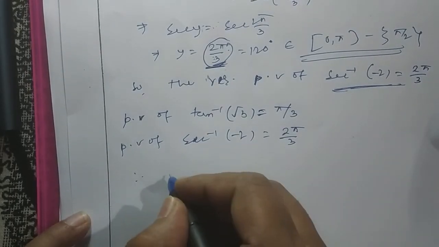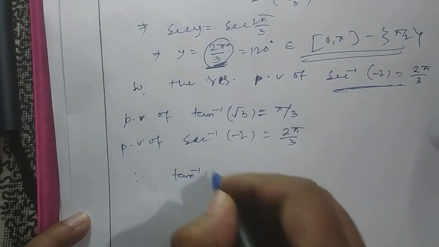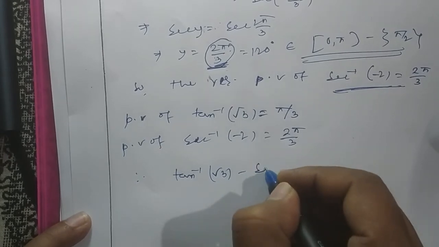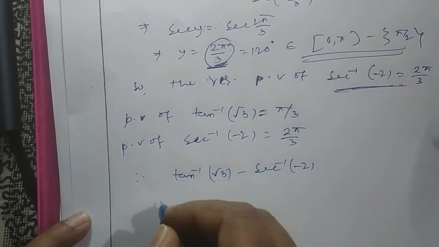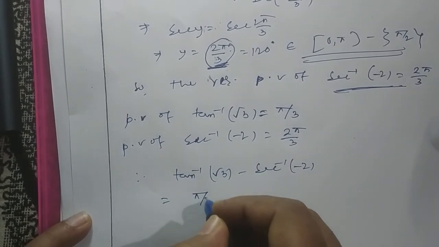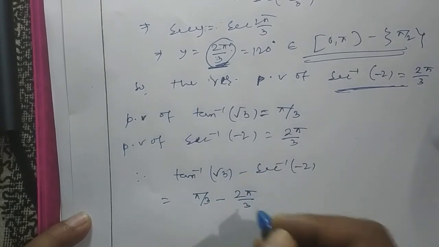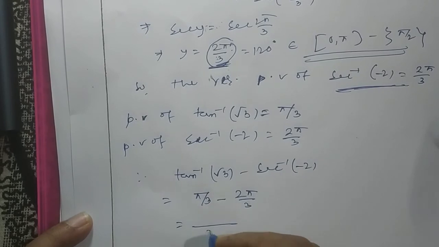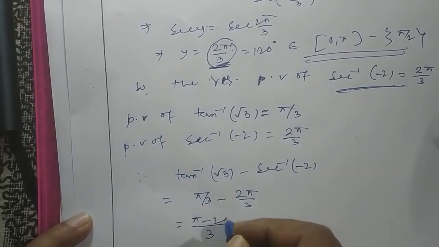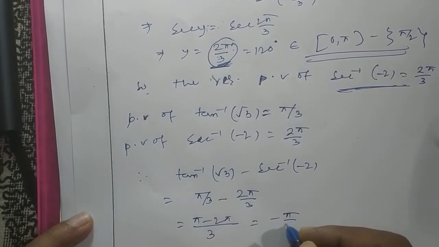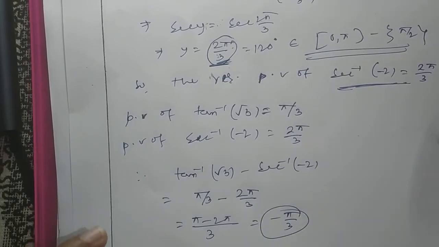So tan inverse root 3 minus sec inverse minus 2 will be, putting down the values that we got here, pi by 3 minus 2 pi by 3. So it will be, taking the LCM 3, pi minus 2 pi, correct? So minus pi by 3. So minus pi by 3 is the answer.